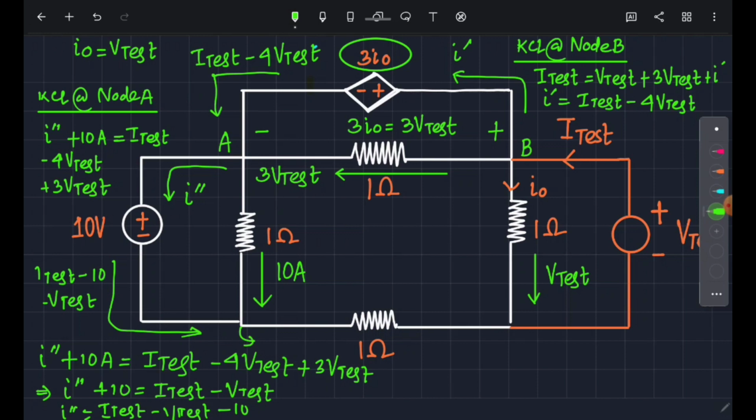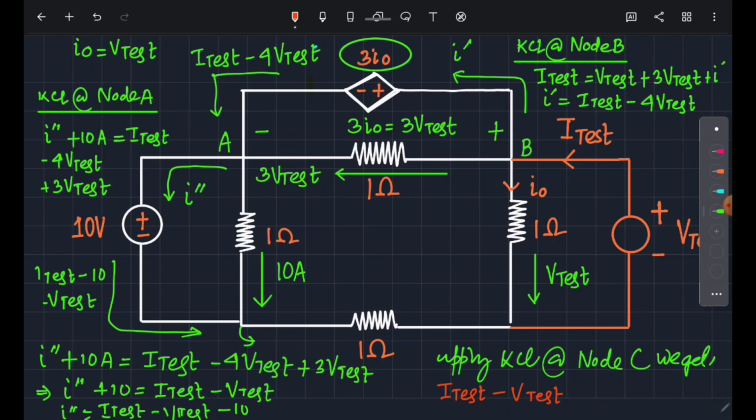Applying KCL at node C, we get I test minus V test minus 10. This is the incoming, plus 10. Let's call this current I triple dash, equal to I triple dash.